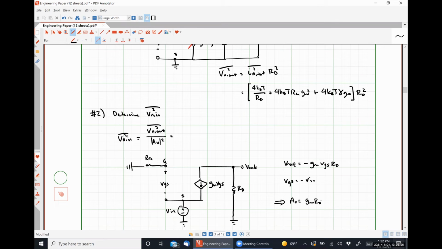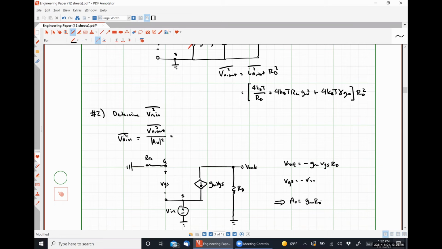So if we divide this guy by GM RD quantity squared, what happens? Well, the RD squared gets thrown away and all of these terms get divided by a factor of GM squared, right?